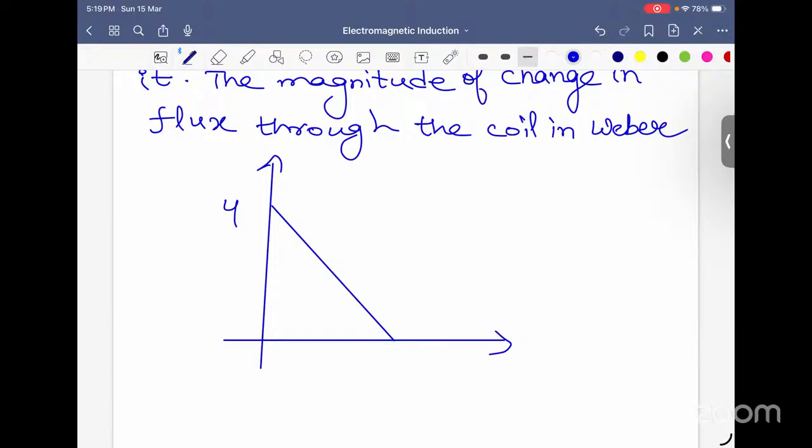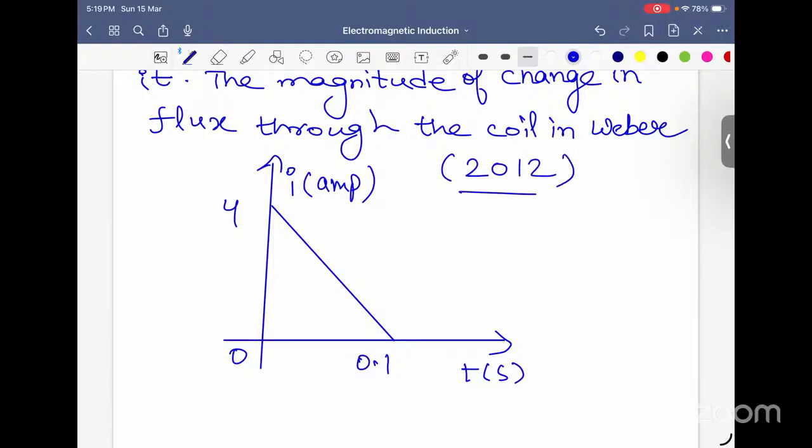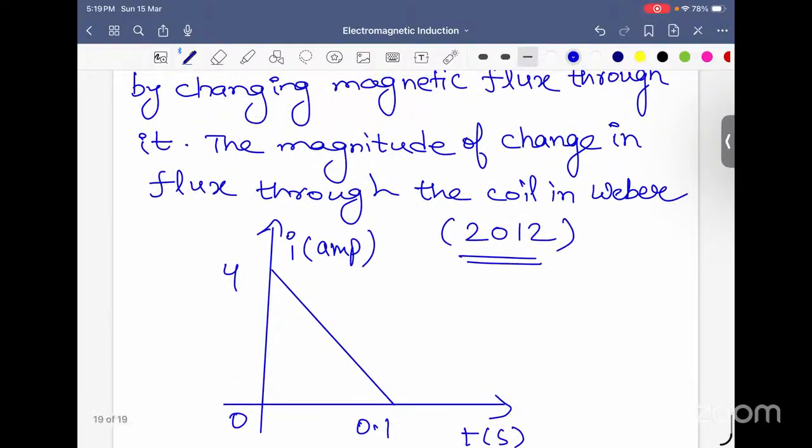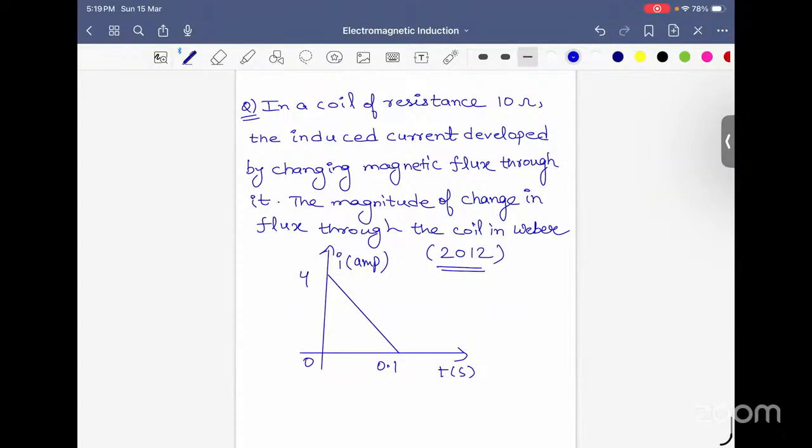This is from 2012. Please solve this question, it's present in front of you on the screen.